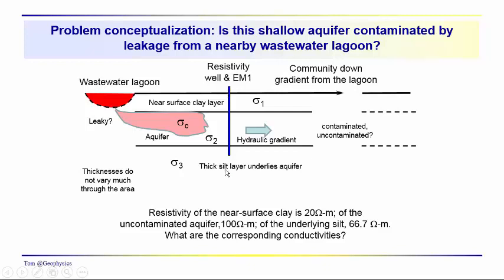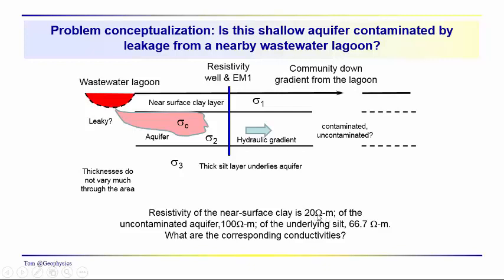There is a well that gives us some control, and from the well we see that we have a layer of near surface clay which is about 10 meters thick, and it has a resistivity of 20 ohm meters. This will give you a chance to go back and make some of those conversions.